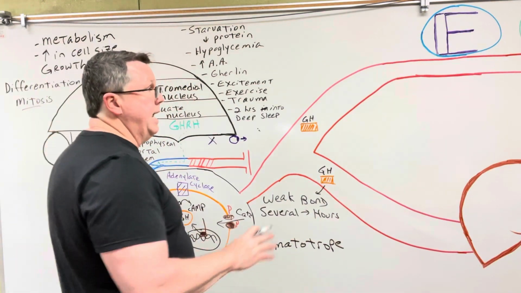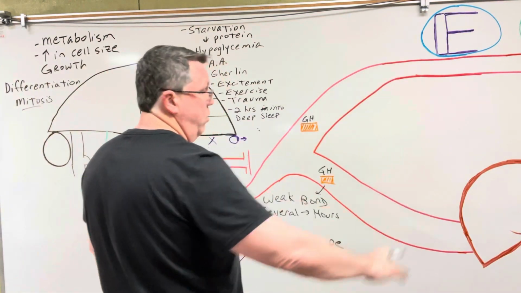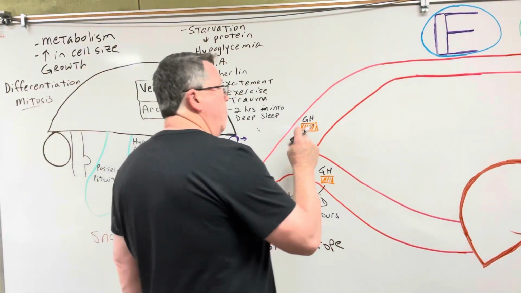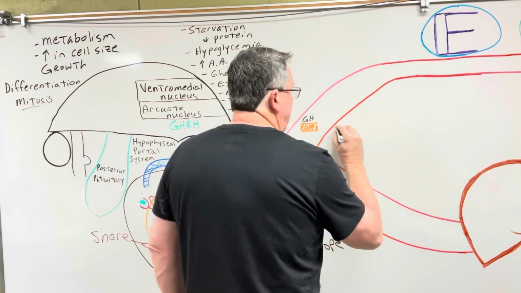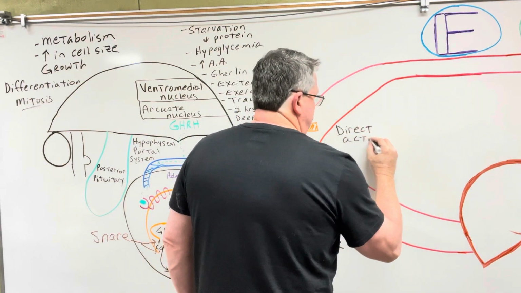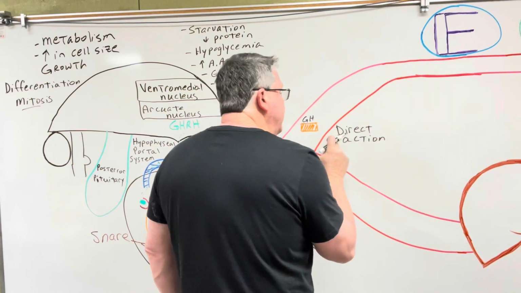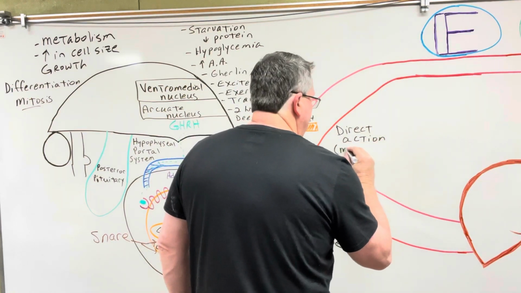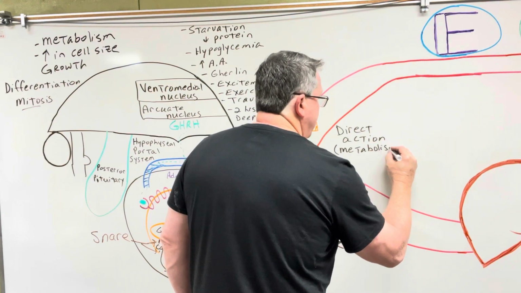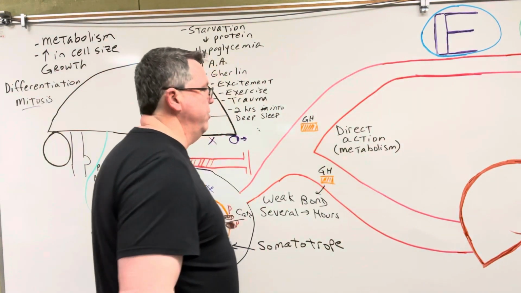But the other thing that's going to happen, if you notice, we're going up this way and we're going down this way, because growth hormone can work in two different ways. So going this way, we're going to call this direct action. Usually direct action is going to occur for growth hormone's role on metabolism, okay?